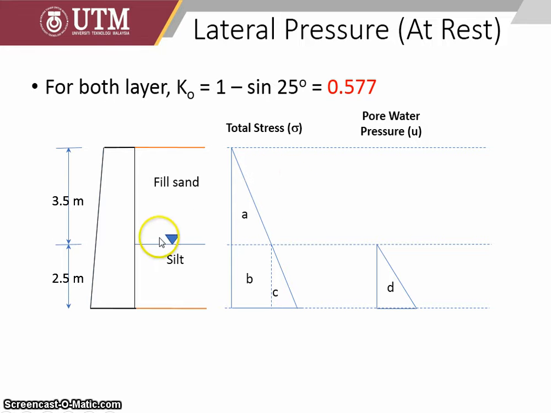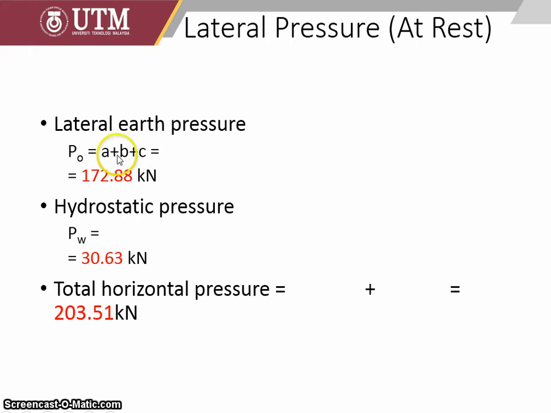You can define the pressure for A, B, C, and the pressure of water. So you can have the lateral earth pressure A plus B plus C, plus the water pressure, and the total horizontal pressure is P naught plus PW.